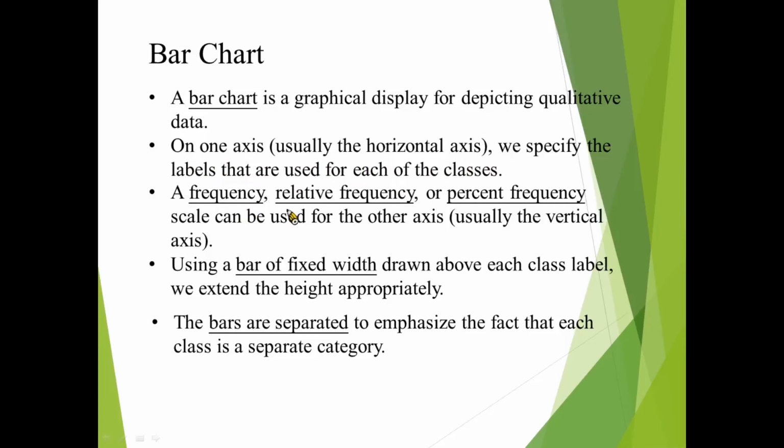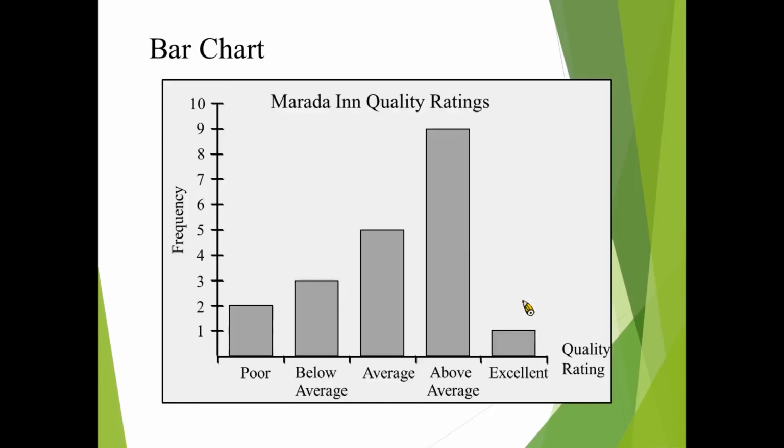A frequency, relative frequency, or percent frequency scale can be used for the other axis, the vertical axis. And over each class label, we extend a bar of appropriate height. Okay, so you can see the bar chart.